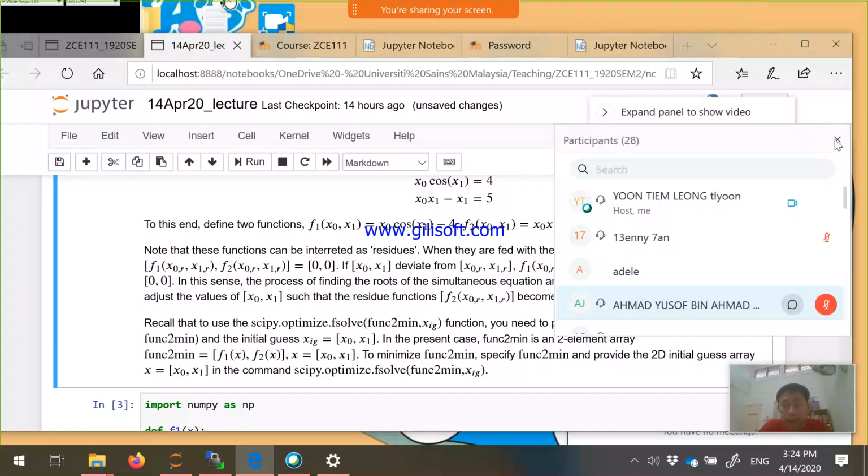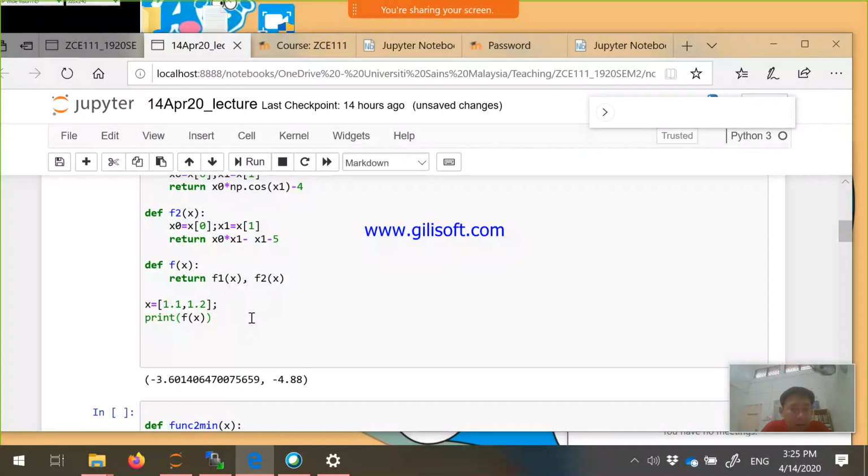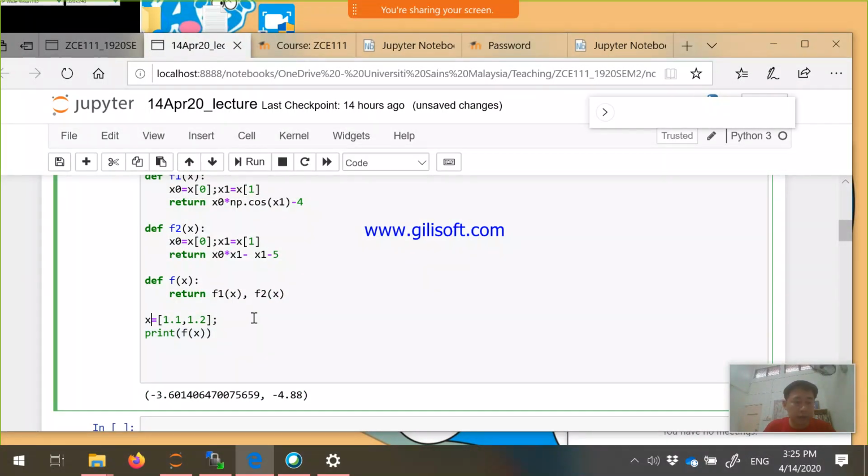It would mean that f1 and f2 will be 0 if x0 and x1 have been found. So our purpose is to provide initial values of x, so that the Python code allows us to find out what the solution is. So this x is an initial guess.